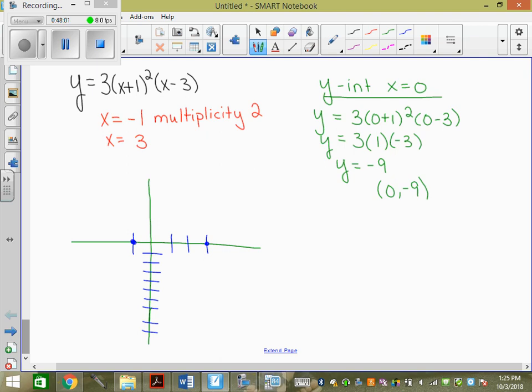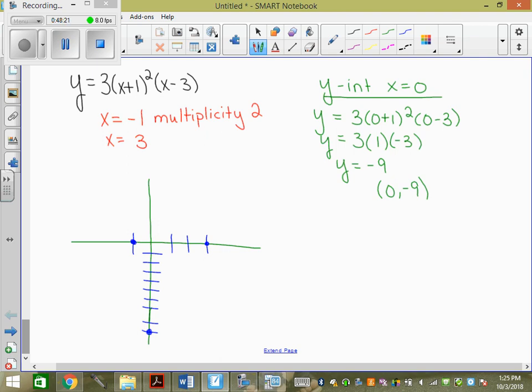What would be helpful right now? Do we need a leading coefficient in order to answer this question? No. Could we get a leading coefficient? Sure. But we don't need one to answer the question.